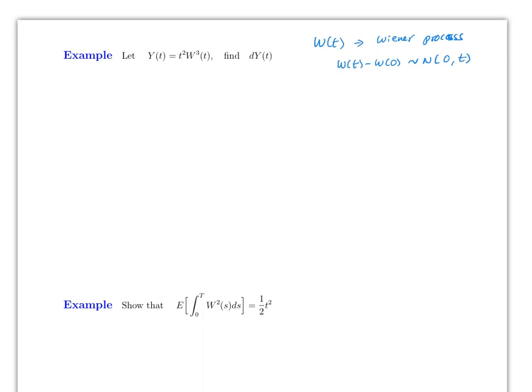Usually the most important thing to do when you are trying to use Ito's formula is to identify the correct function for g.